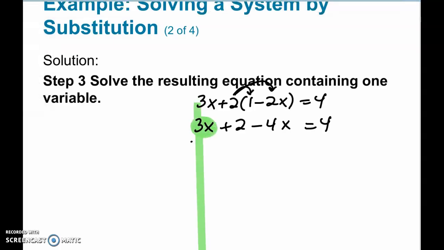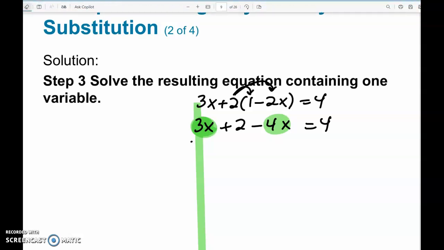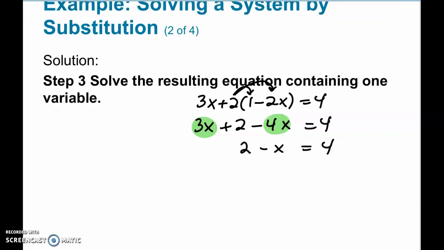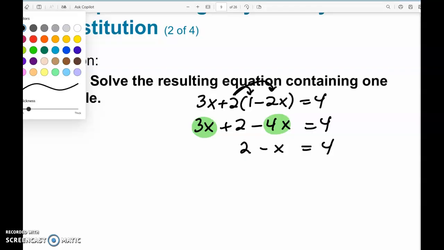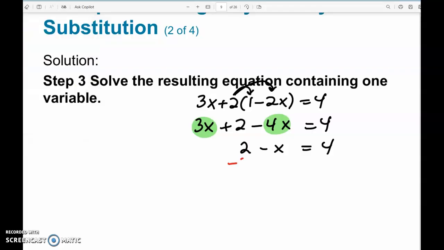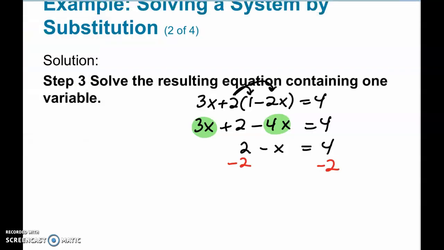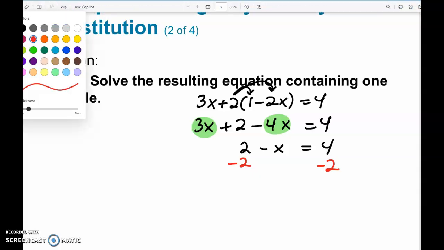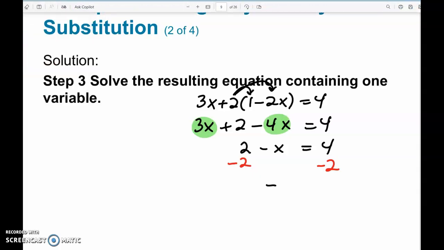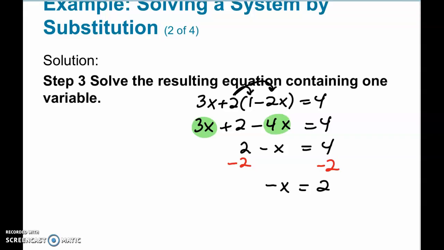Well, on the same side of the equation, I've got these two that I can combine to give me negative 1x. And I'll need to subtract 2. Remember, the goal is to isolate x. So subtract 2 from both sides to end up with negative x is equal to 2.